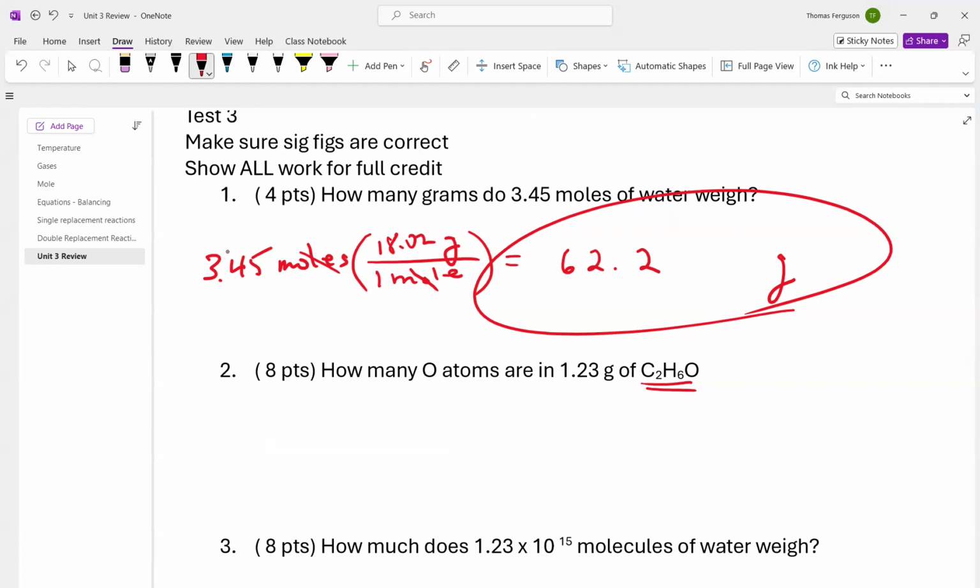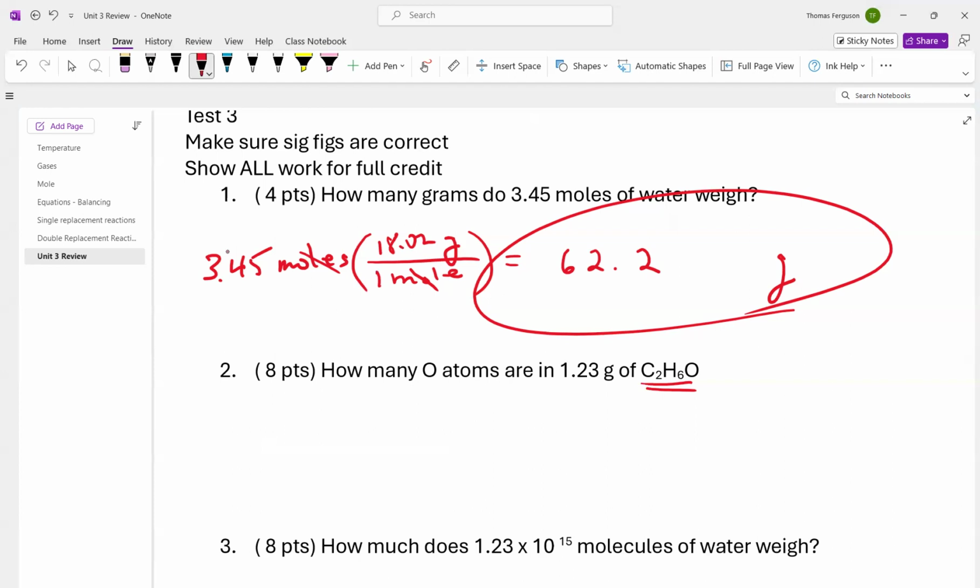It's like a bicycle. You've got 10 bicycles. How many seats do I have? 10. And the ratio is 1 to 1, right?